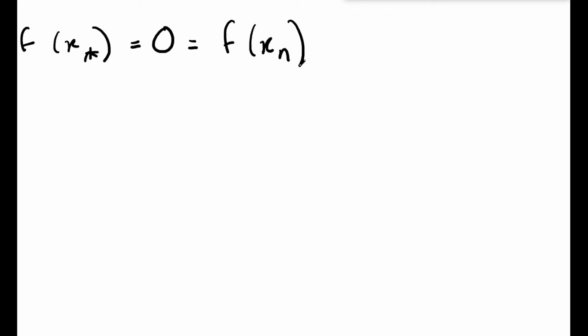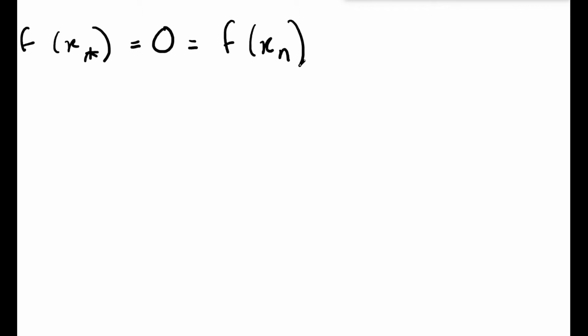Okay, right, so last time we did the Taylor series for the Newton-Raphson method. We had this result that f(x*), the value of the function at the root, which is also 0, is expanded about xn.